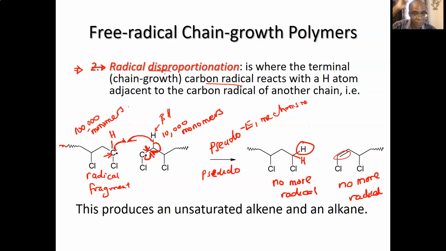So you're breaking something from another molecule, you're disproportionating it. It produces an unsaturated alkene and an alkane. We usually don't want this to happen because you end up with neutral polymeric fragments, which are mixtures compared to what you really wanted.